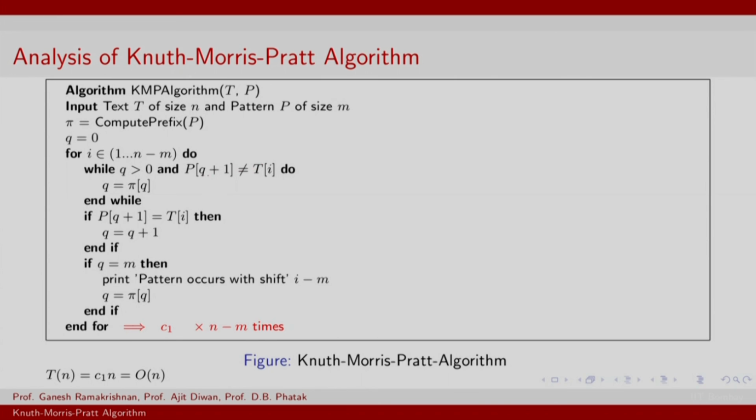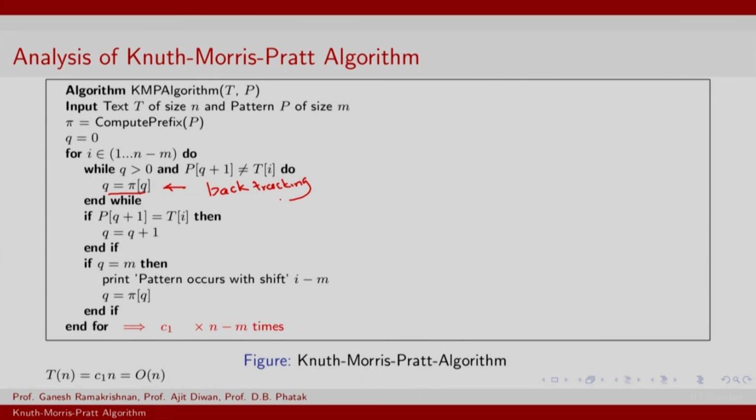Likewise, the pattern matching of P on T happens n minus m times overall over the index I. However, there is this additional backtracking. This might create a problem.